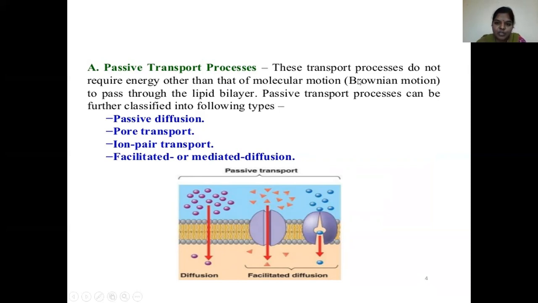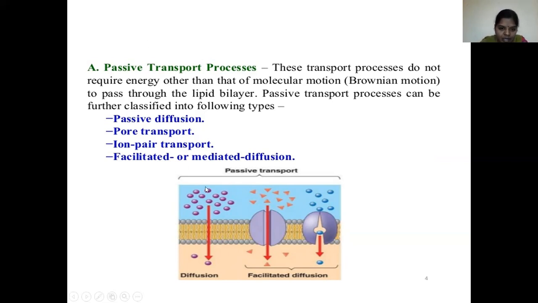See, the transport process does not require energy. It does not require any physical energy other than the particles' own Brownian motion to pass through the lipid bilayer. Passive transport process can be further classified into four types. I already told you: passive diffusion, ion pair transport, pore transport, facilitated diffusion or mediated diffusion.